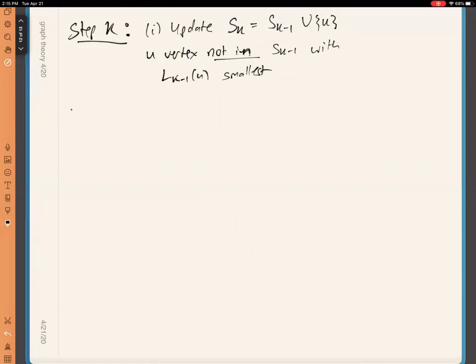And then we update the labels. So once we update the set Sk minus 1 to Sk, we update the labels.